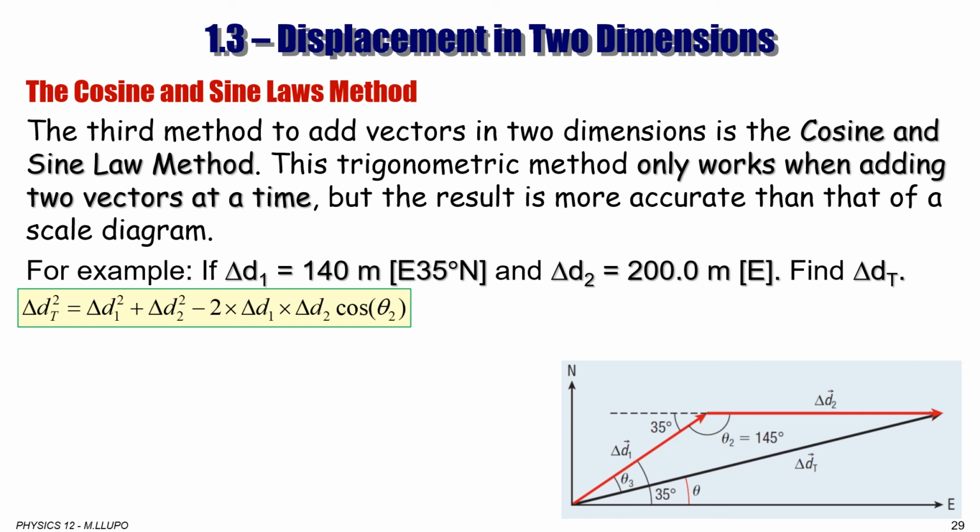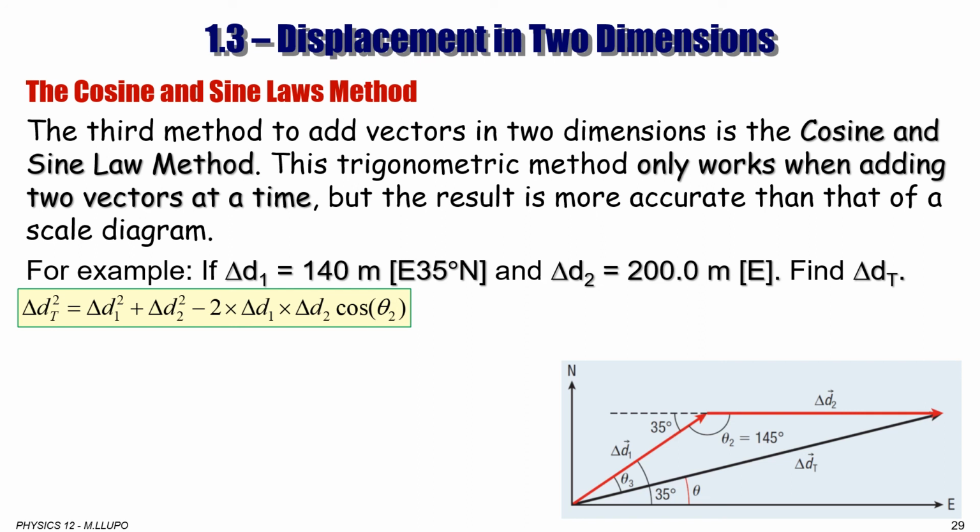So theta 2 is the angle between the two vectors that we are adding up. Make sure that theta 2 is the angle between the vectors that you are adding up, or in front of delta D total.